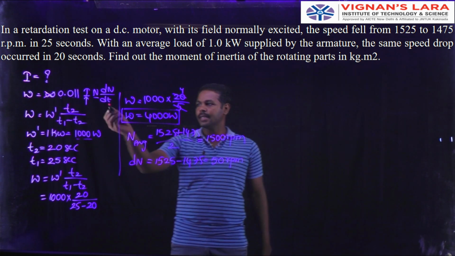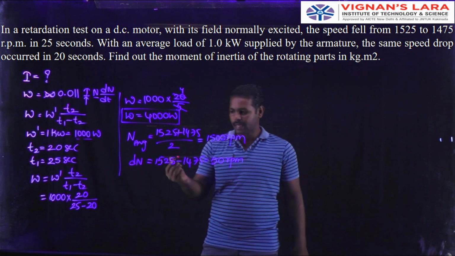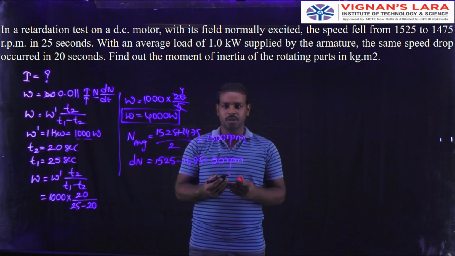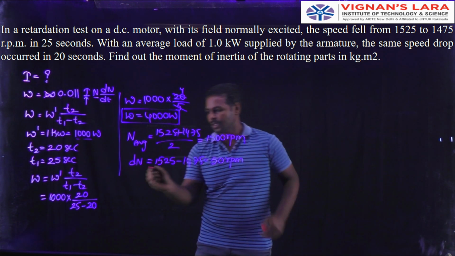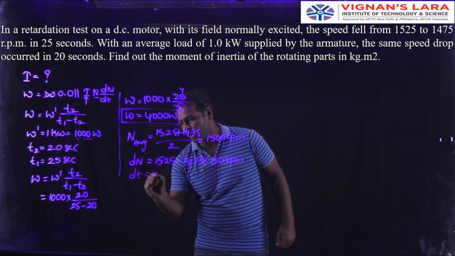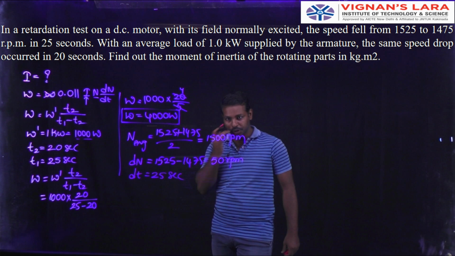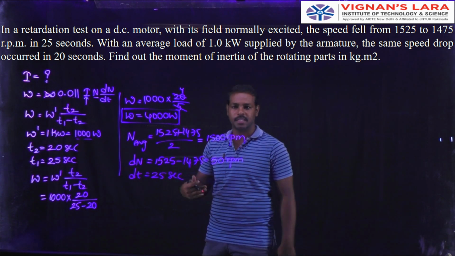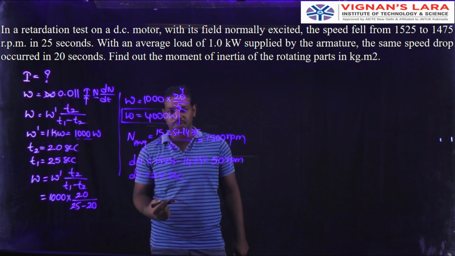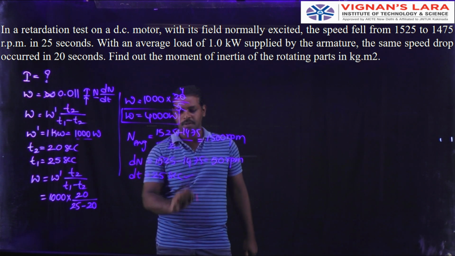Then dt is the change in time. Initially it is 0 and the final value is 25, so dt is equal to 25 minus 0, which is 25 seconds.